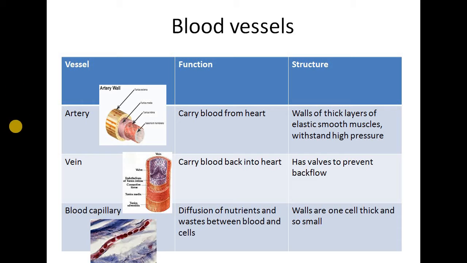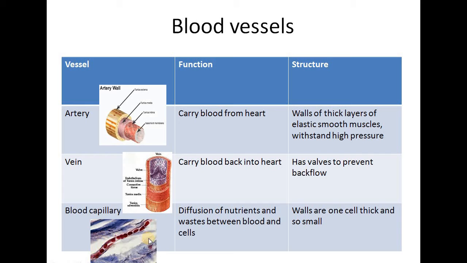Now we have veins, and the vein walls are less thick, or thinner than the artery walls, and they have valves, and these valves prevent the backflow of blood, okay.